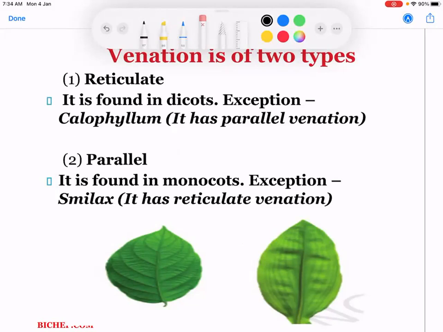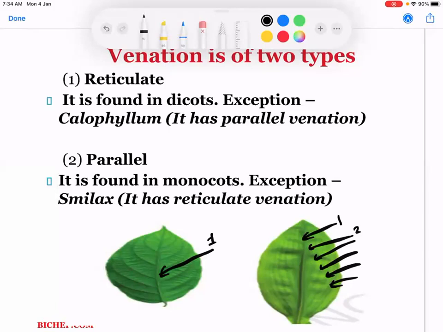So mainly what you are supposed to look at is that here you can find only one midrib. Here you have a parallel arrangement of multiple midribs, right? This is first, then second, third, fourth, fifth, sixth.